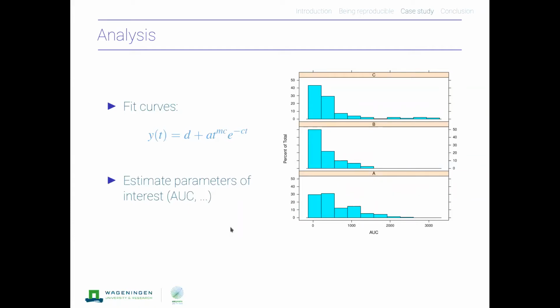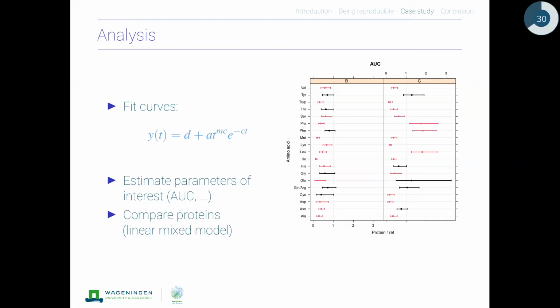Of course, we're interested in the direct comparison between the proteins, and for that we use mixed models. For each of these AUC values of individual amino acids, we can then generate an estimate of the ratio between the AUC of the protein and the reference protein. What you see in most cases, for instance, for protein B, is that the estimate is smaller than the AUC value of the reference protein.